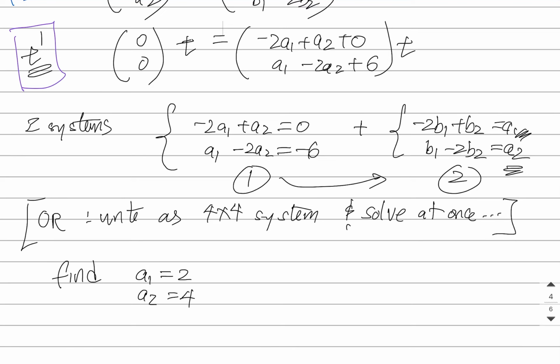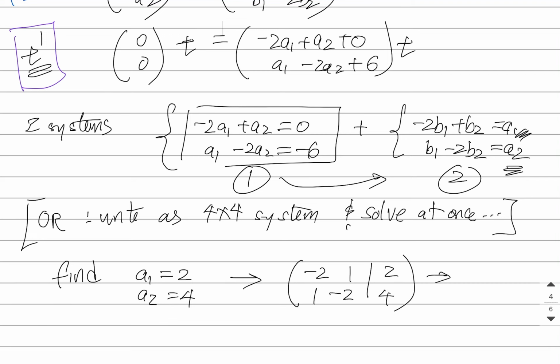You can simply solve system 1 to get those values, and then once you've got system 1, you can go ahead and solve system 2. You can basically solve this problem, and what you'll find is that B1 should be 8/3 and B2 should be -10/3.